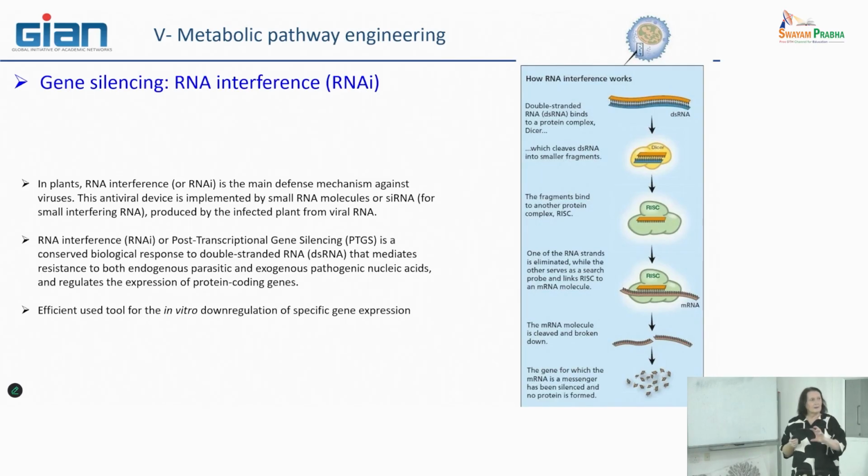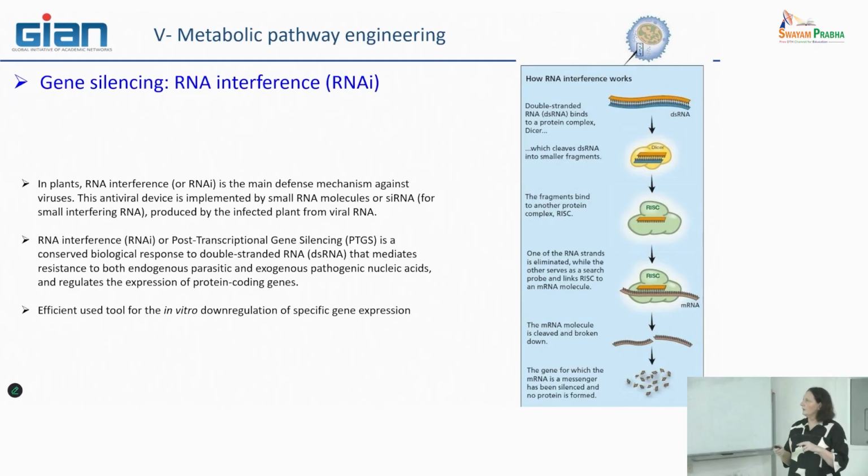This complex attaches to the double-stranded RNA, and in this complex there are endonucleases that are able to cut it into smaller pieces of RNA, called small RNA, and after that, when all the double-stranded RNA has been cut, all the little pieces of double-stranded RNA are in the cytosol.